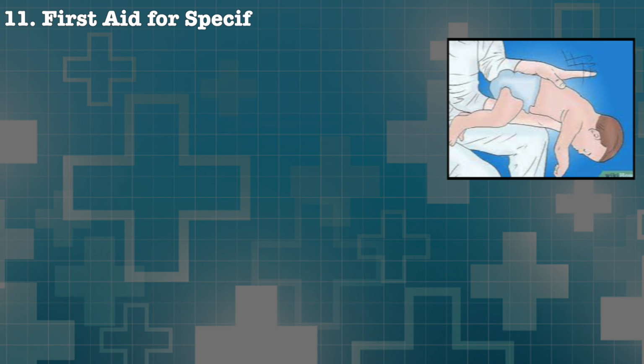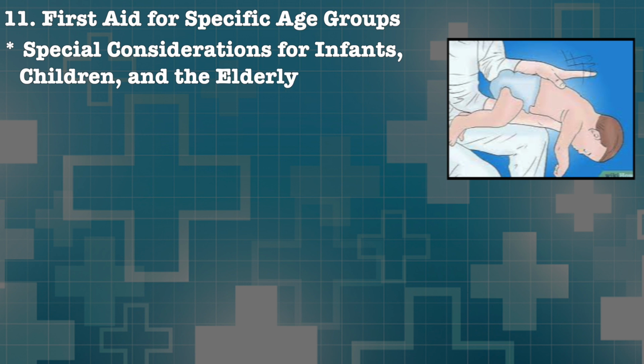Dear learners, in our next topic we will see first aid for specific age groups, means special consideration for infants, children and elderly. First aid should be tailored to the specific needs of different age groups.